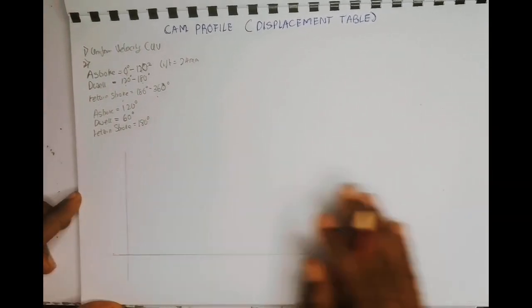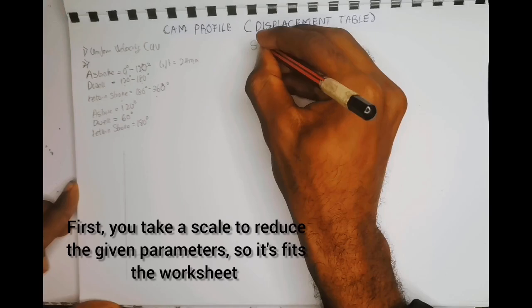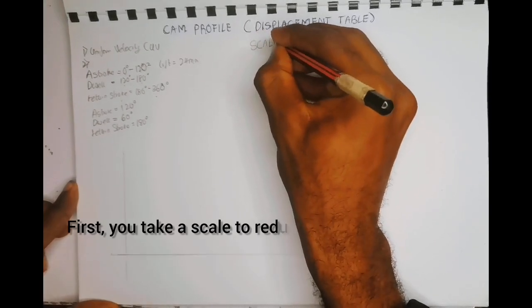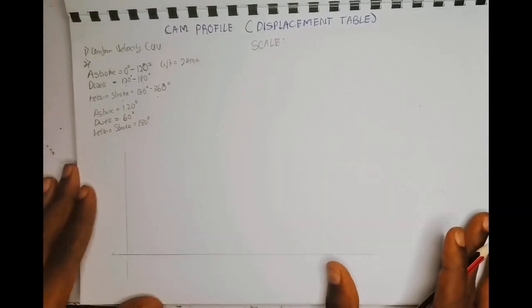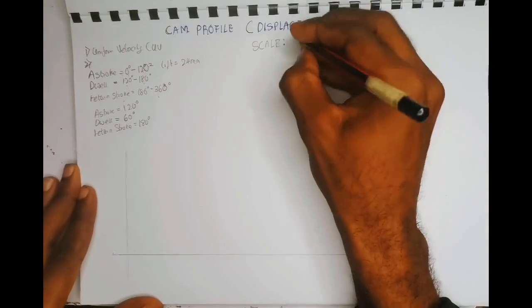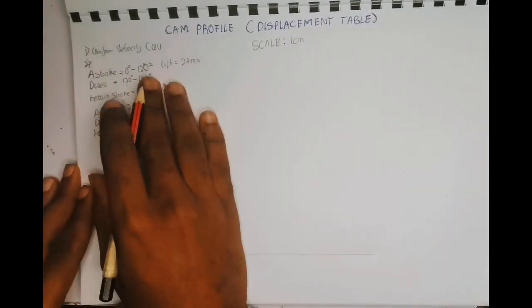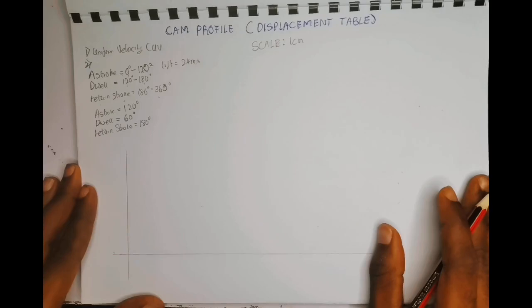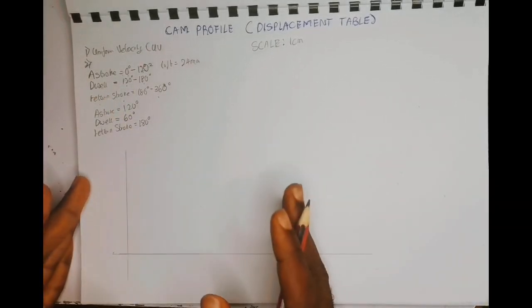Before we start the drawing, first we take a scale. We are taking a scale so that the displacement table can enter the sheet. Before you take a scale, you look at the parameters and check if the scale can fit these parameters.